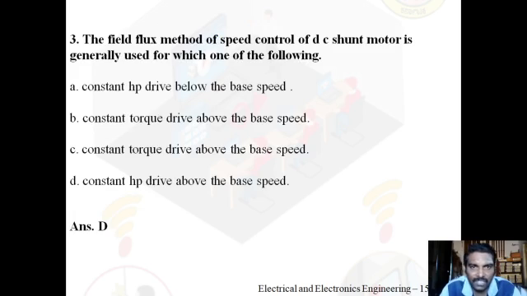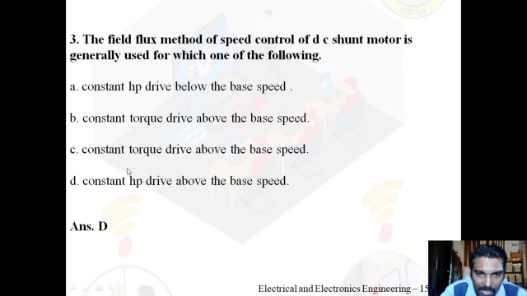The field flux method of speed control of a DC shunt motor is generally used for which of the following? Here, if you observe, it is constant HP drive below the base speed. Base speed is nothing but the rated speed. Constant torque applications above rated speed, constant torque applications above the base speed, constant HP applications above base speed.